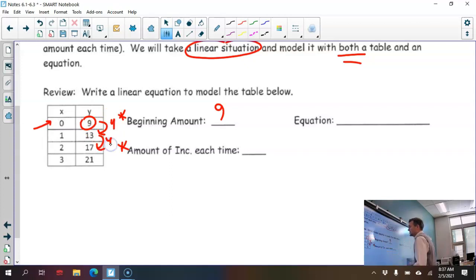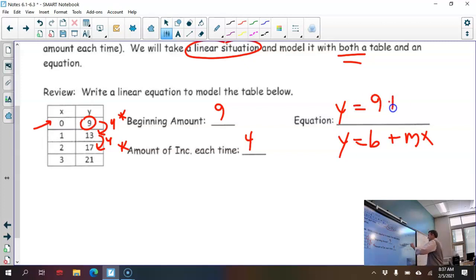Going up by 4 each time. So if we know those things, we can write our equation using our formula that y will always equal the beginning amount plus the amount it goes up each time times x. So y equals 9 plus 4x would be the equation for that table.